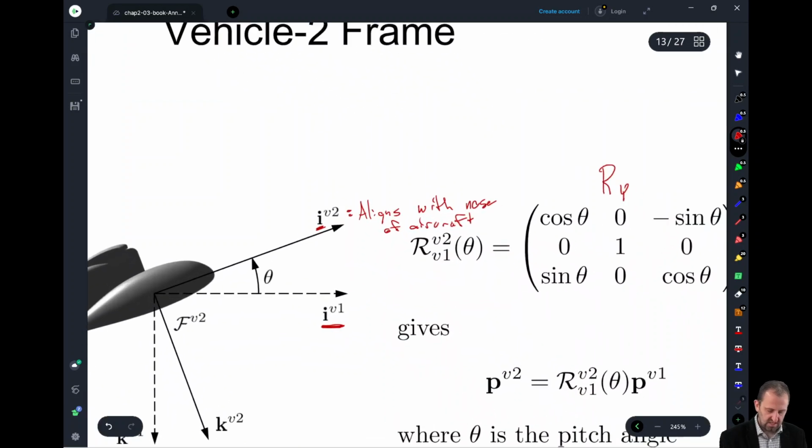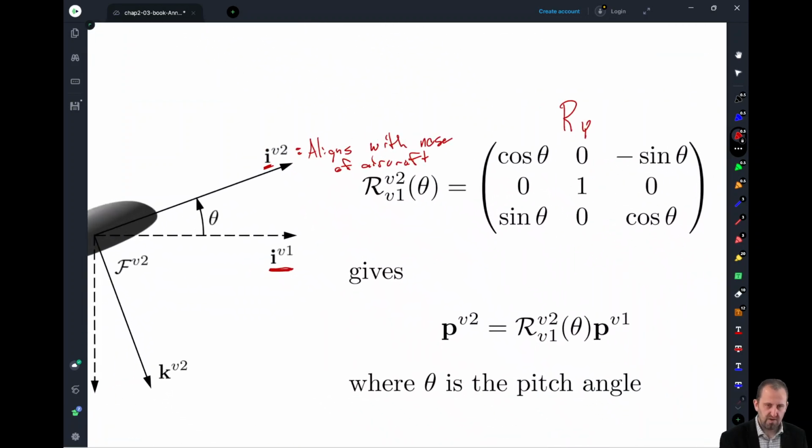Again, the transform to get from the vehicle 1 frame to the vehicle 2 frame is just this y rotation by theta.